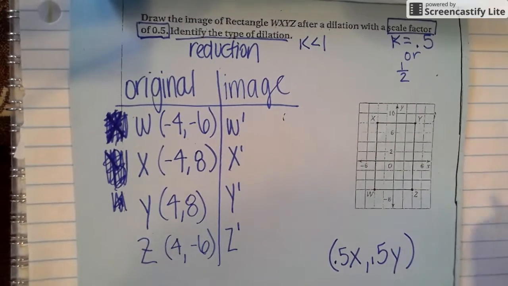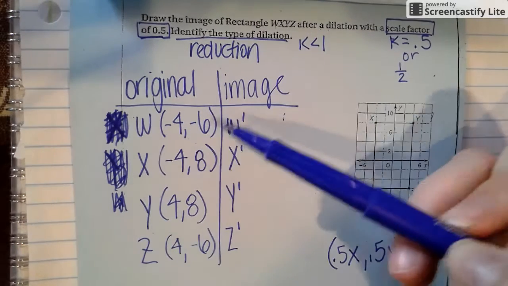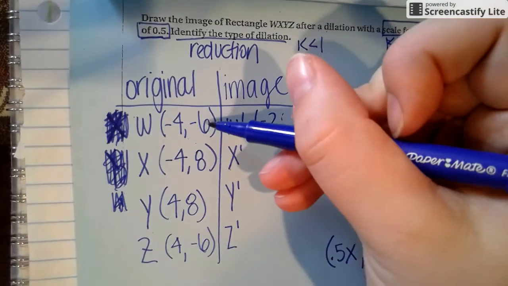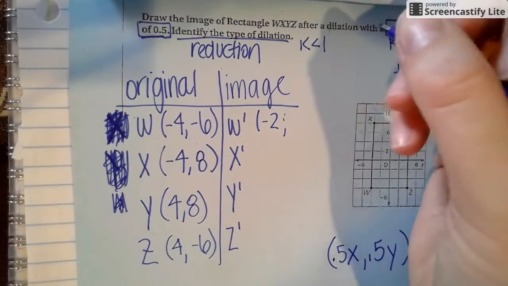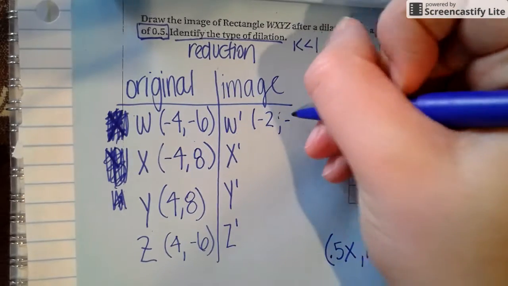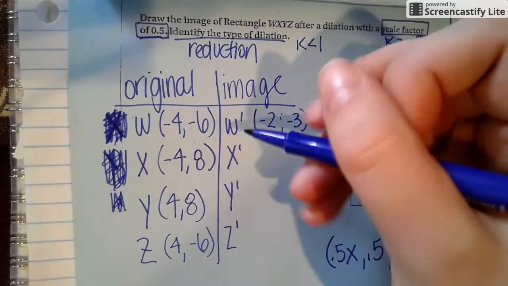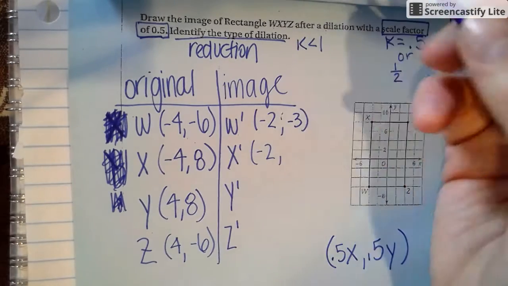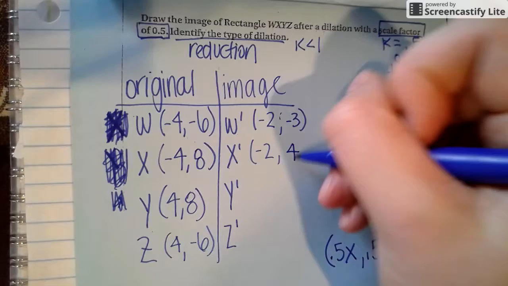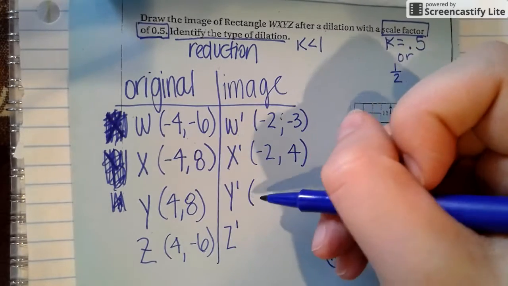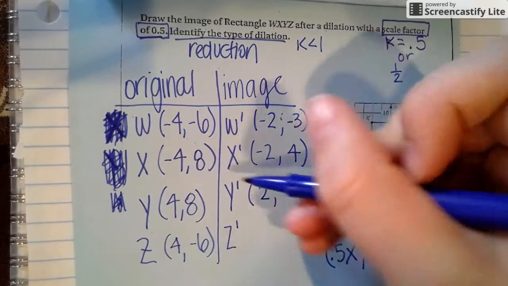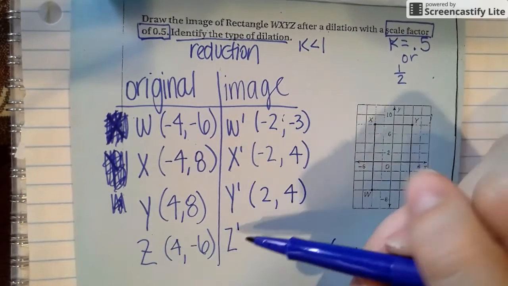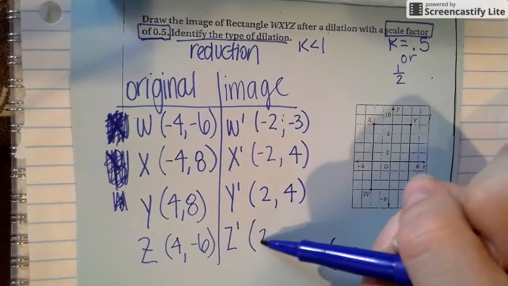So we're going to multiply by that. -4 times 0.5, or times half, is going to be -2. -6 times a half is going to be -3. -4 times a half is going to be -2. 8 times a half is going to be 4. 4 times 0.5, or half, is going to be 2. 8 times a half is going to be 4. 4 times a half is going to be 2.